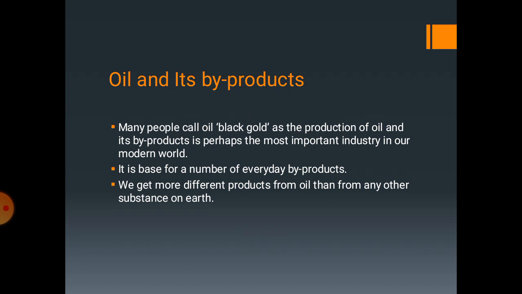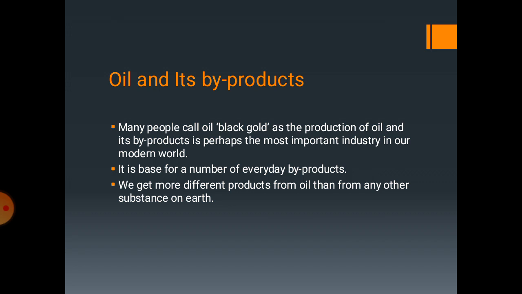Students, first we talk about oil and its byproducts. Byproducts means the secondary products that we get. It means that when we take out oil from deep underground, the main or the primary thing is oil, and there are so many other substances, other chemicals that we also get along with the oil, and that is known as the byproducts of oil.